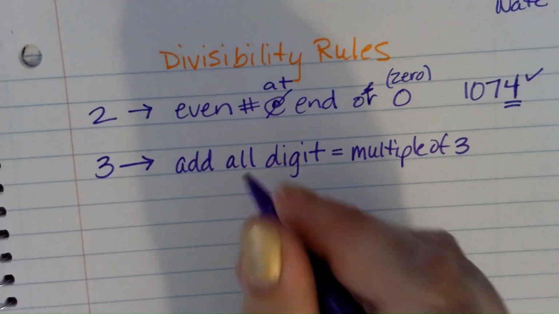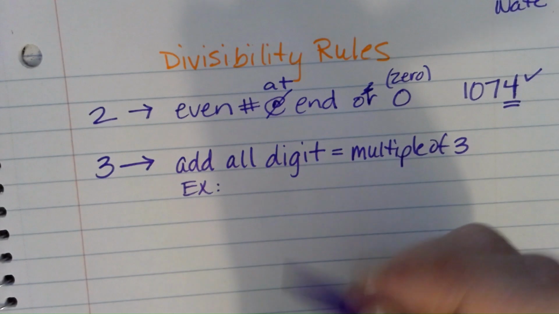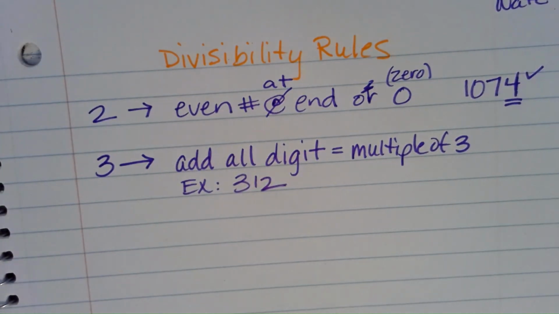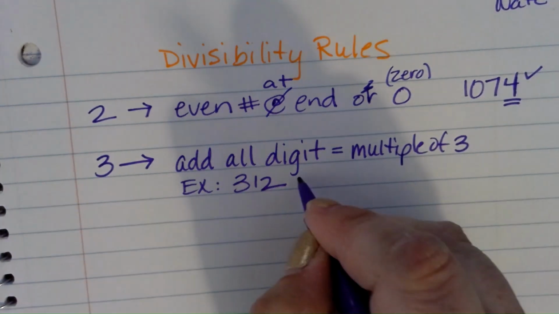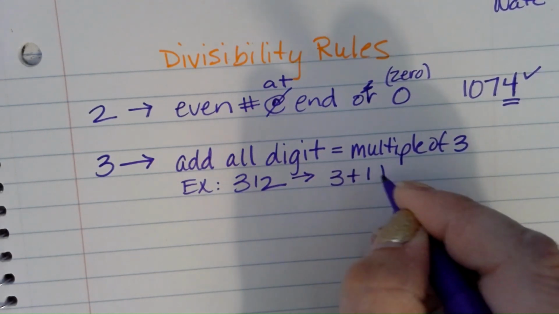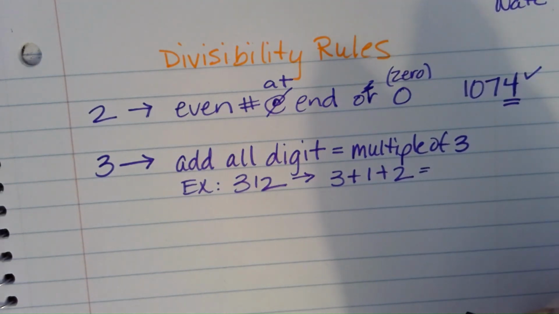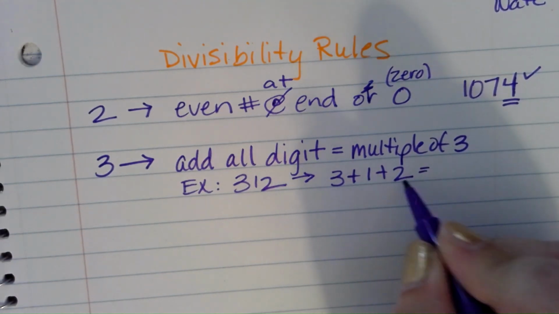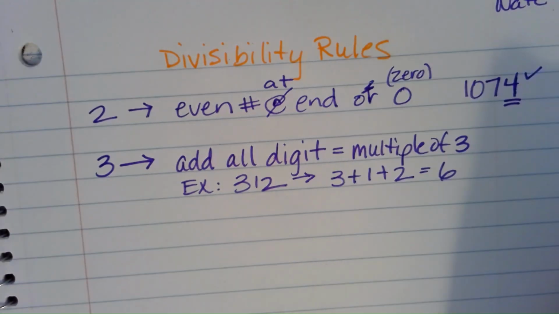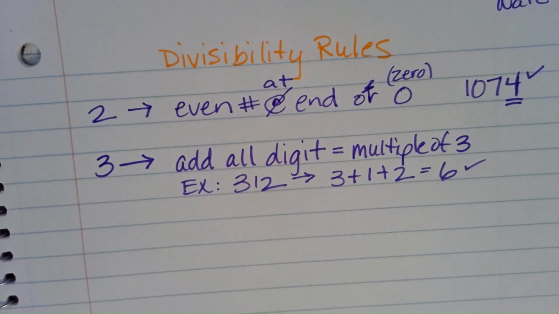So an example of that would be 312. So if I'm looking at the number 312, what I'll do is I'll say 3 plus 1 plus 2 equals what? 3 plus 1 is 4, plus 2 is 6. Is 6 a multiple of 3? Yes. Then 312 can be divided evenly by 3.